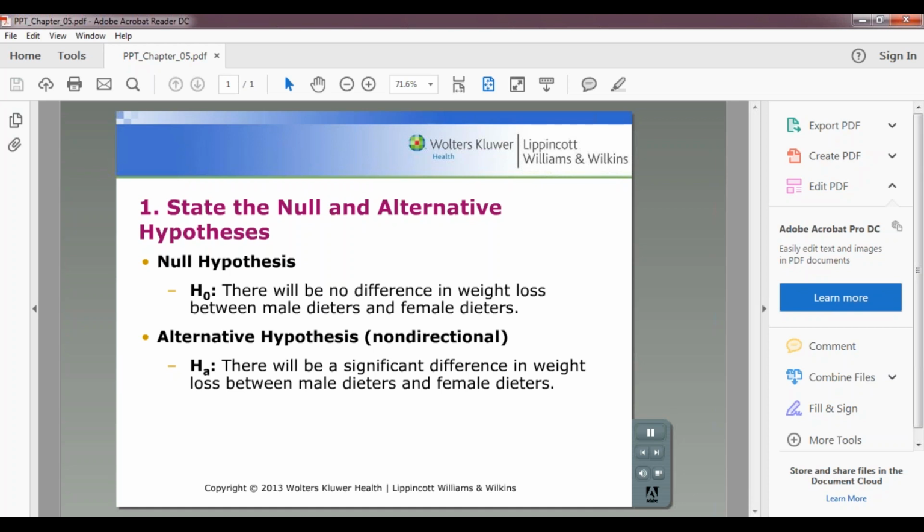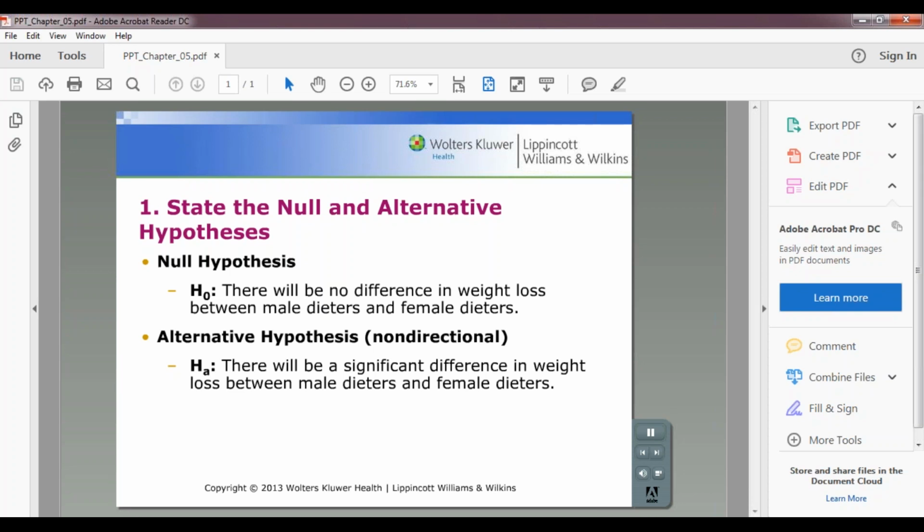Now we're saying it's non-directional. So remember, if this alternate hypothesis was directional, then we would say something to the effect of males will have greater weight loss than females. So we'd say it in one direction or the other. But in this case, we're just saying there are going to be significant differences, statistically speaking, not practically speaking, and I'll talk about that in a little bit.